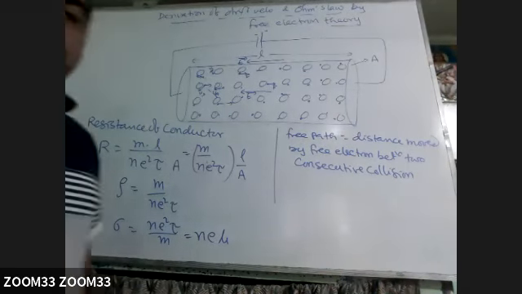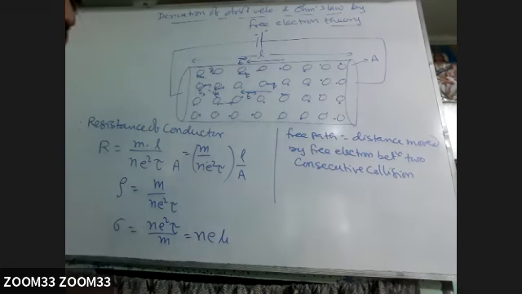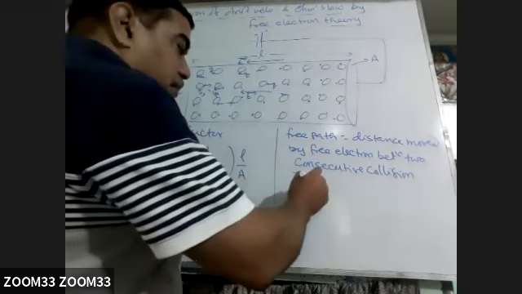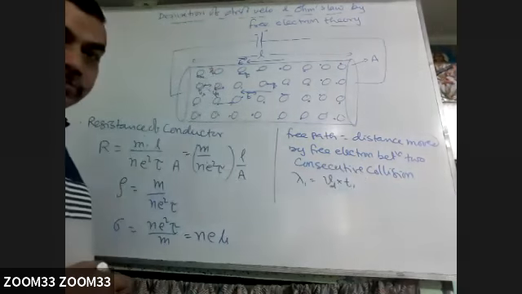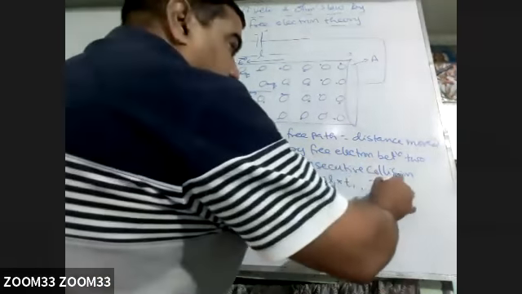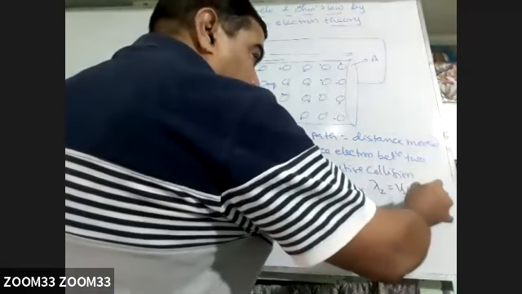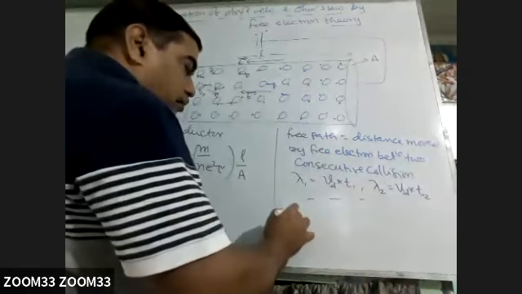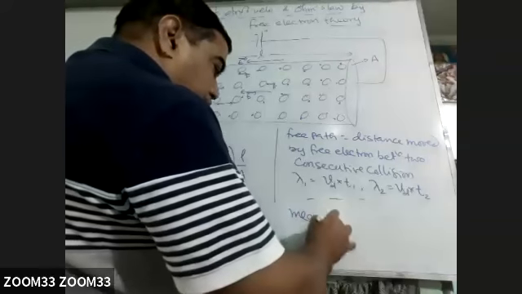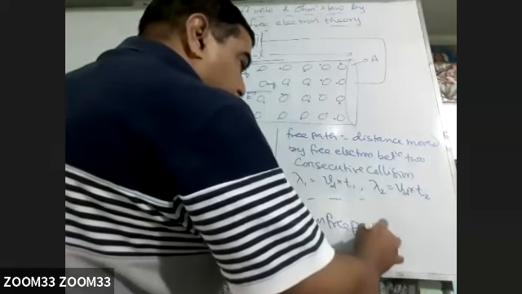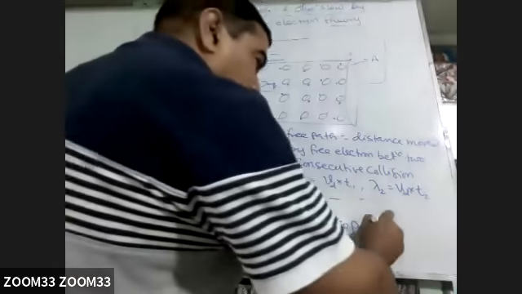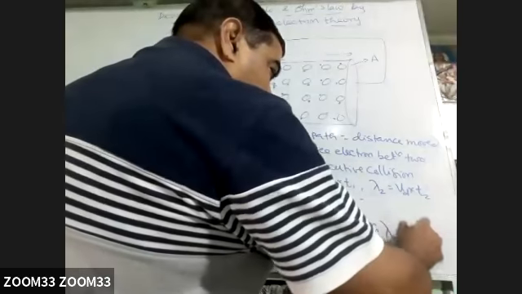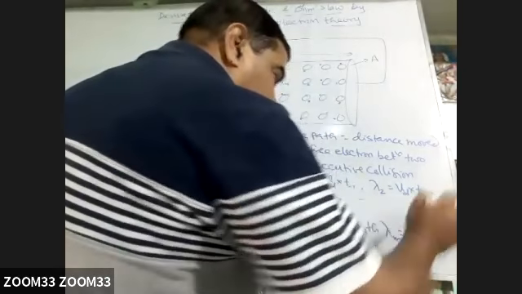As we know, different electrons are colliding at different times. So for the first electron, lambda 1 will be drift velocity into t1, lambda 2 drift velocity into t2, and so on. Generally, we express mean free path, which means mean velocity and mean time between two consecutive collisions, as v_d into relaxation time.